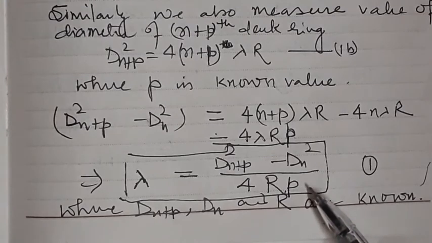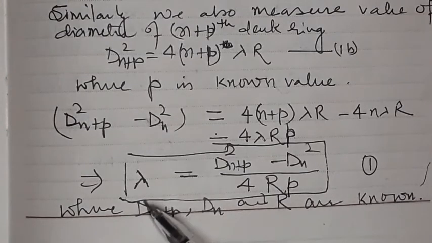So p is a known value. We are able to compute the value of the light source wavelength. So it is a very important application. For any monochromatic source, you are able to calculate the wavelength of the light.